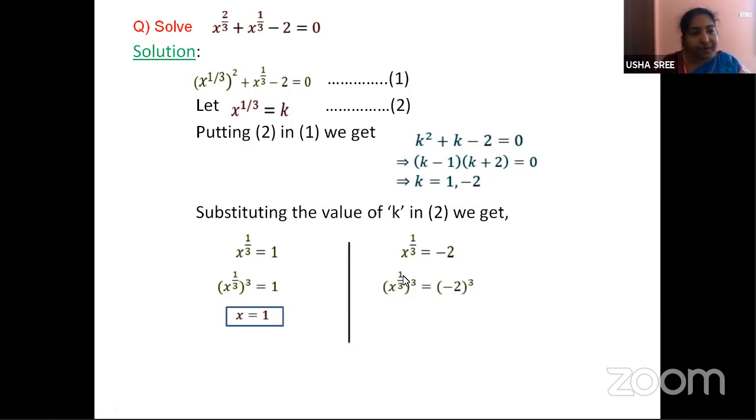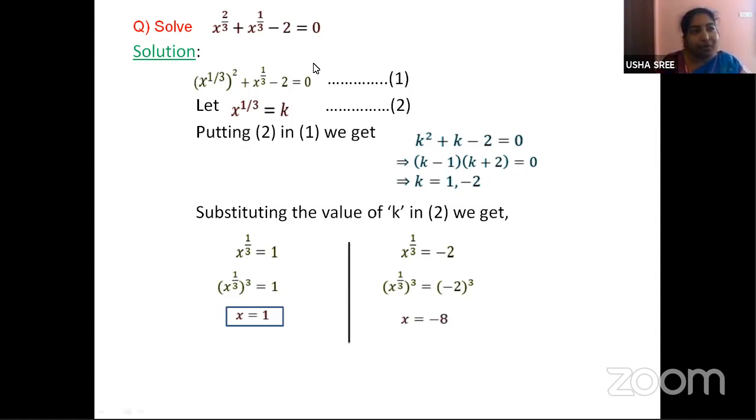Then you will get x power 1 by 3 whole cube is equal to minus 2 whole cube. Now 3 and 3 get cancelled. You will get x; minus cube is minus into minus into minus, so it gives you minus. And then 2 cube, which is nothing but 8. So you will be left with x is equal to minus 8.